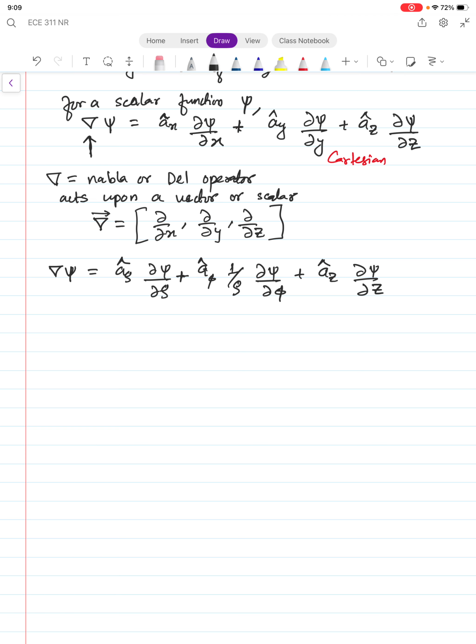Every book has the formula, so I'm not going to write them down for the spherical coordinate.